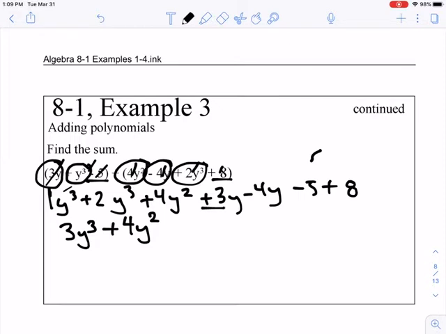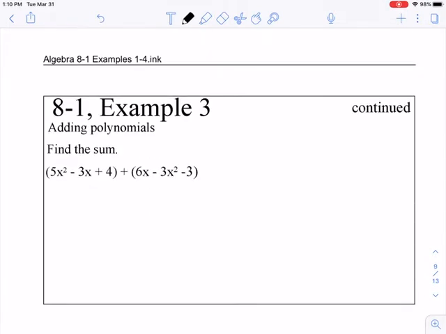And then you have plus 3 minus 4, which gives you minus 1. I'm not going to write that 1 down. We're just going to go minus y, because the 1 is implied. And then negative 5 plus 8 is plus 3. The only tricky thing about this one is understanding that that 4y squared was alone to begin with. You're not going to combine it with anything. It's just going to stay where it is. All right, you try this one. Pause the video, and then come back and we'll see how you did.